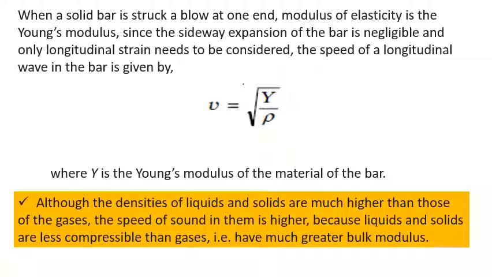In the case of a solid bar, the modulus of elasticity is the Young's modulus Y and the density rho. So the speed will be given by root of Y by rho.